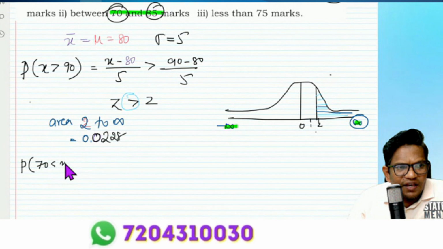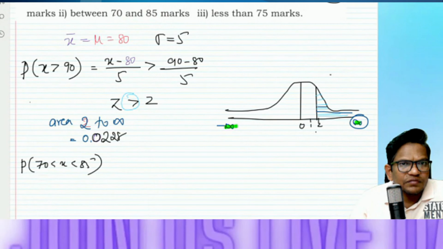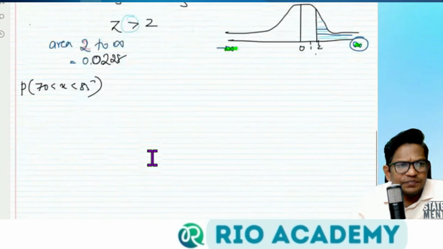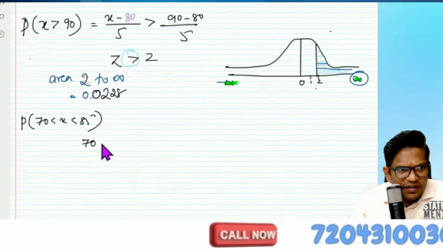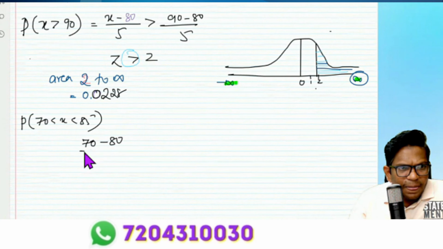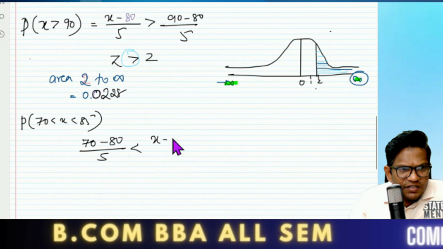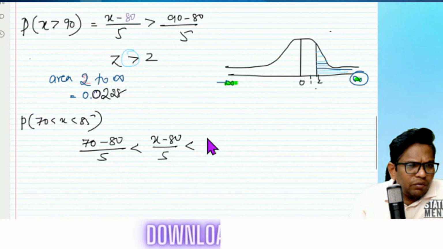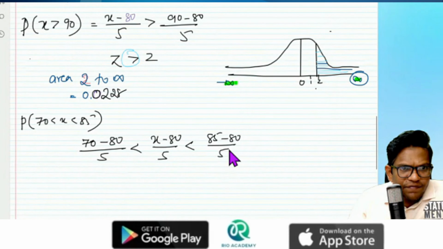70 less than x less than 85, right? Do it. Very simple. (70 minus 80) divided by 5 less than (x minus 80) divided by 5 less than (85 minus 80) divided by 5.